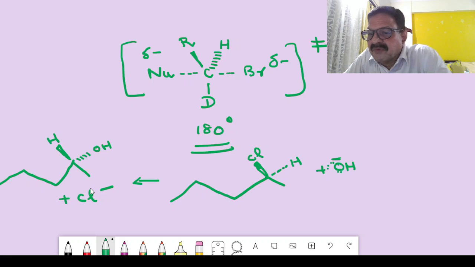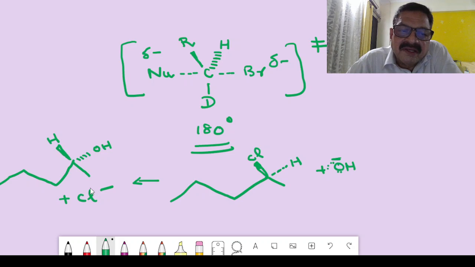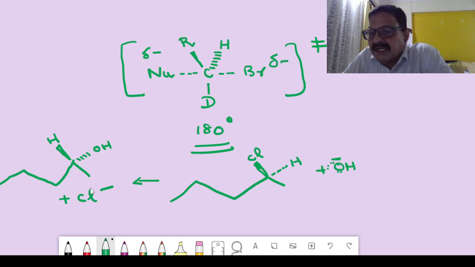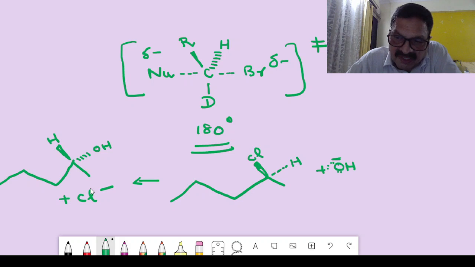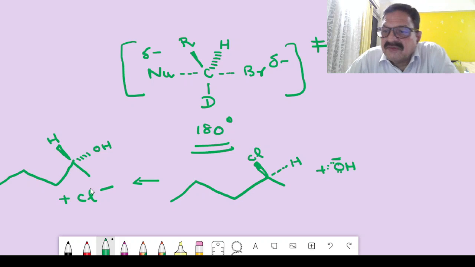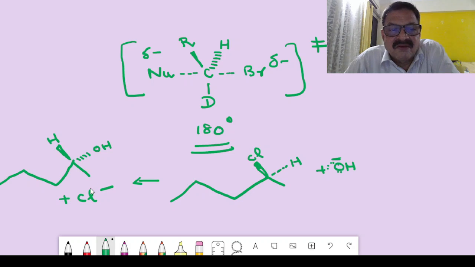So this is the type of compound formed. That is the bond to the nucleophile. In the product, it is always on the opposite side relative to the bond to the leaving group in the starting material. Correct?